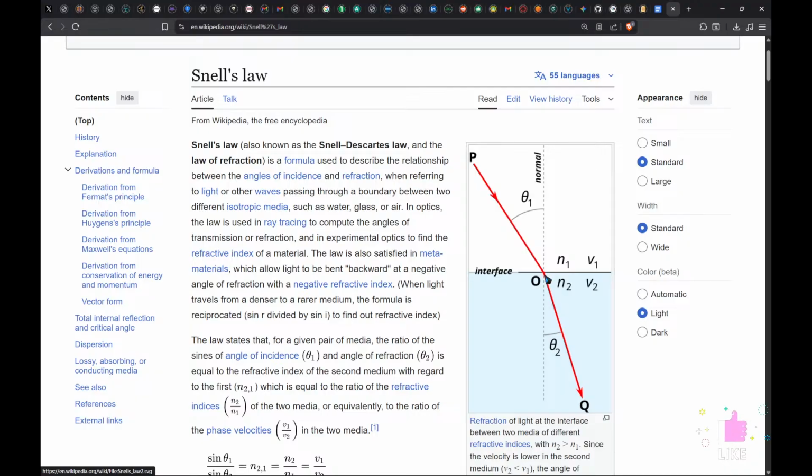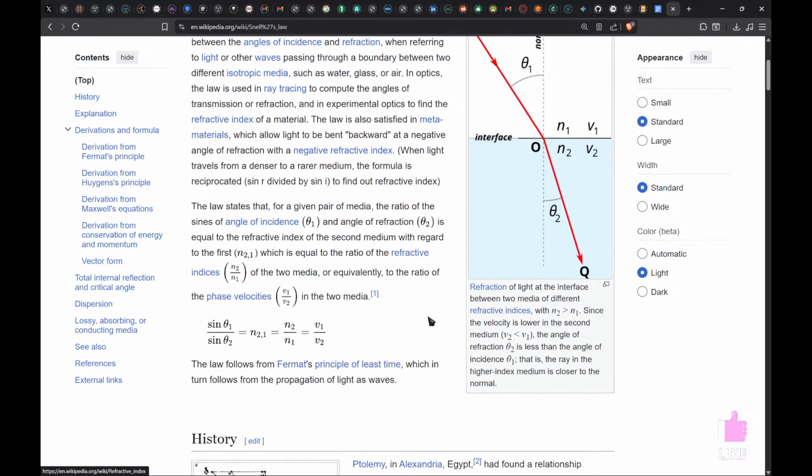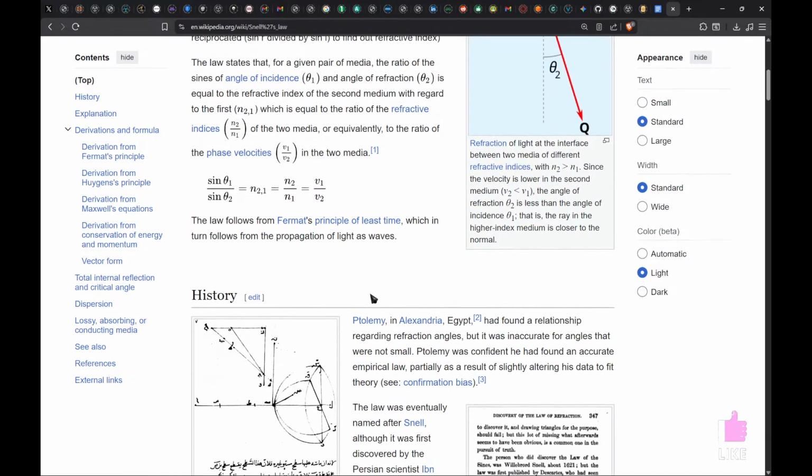So there is a slight bend towards the normal, so theta 1 is larger than theta 2. This is called Snell's law.